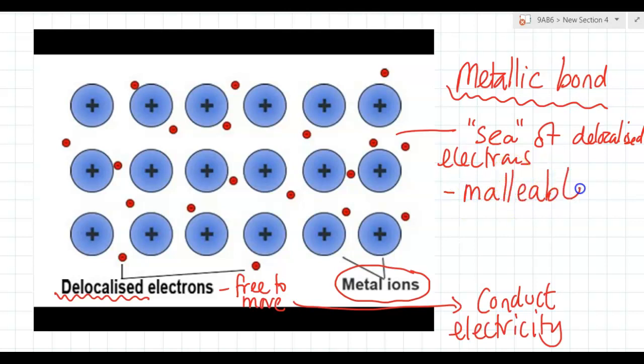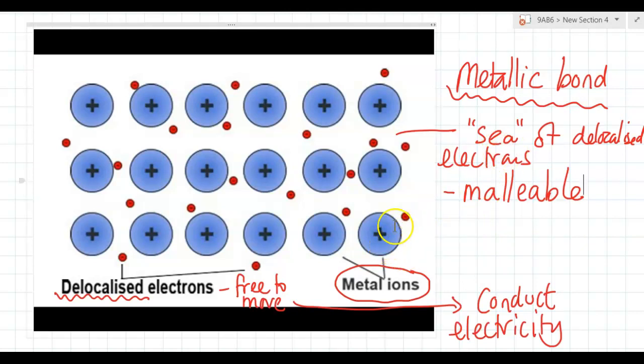We can bend them into shape because the metal particles can swap places with each other because they're not held rigidly in place. They're sort of suspended in this sea of electron cloud, and that means they can move around each other. Okay? Metals bend without breaking. They're not brittle.